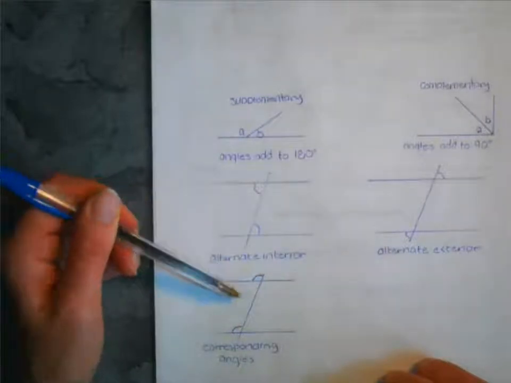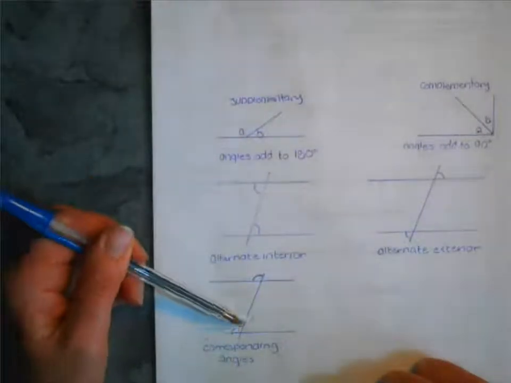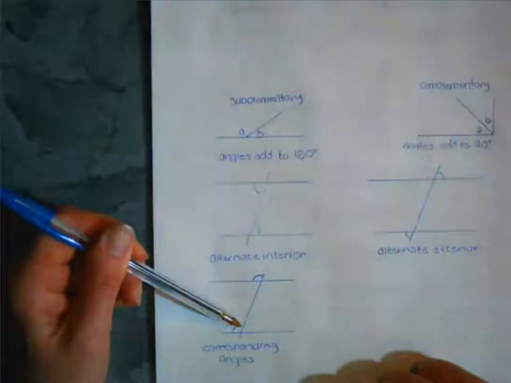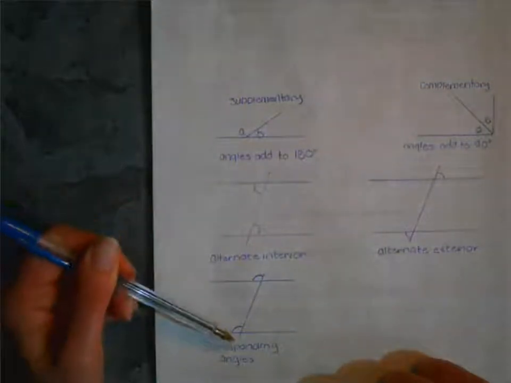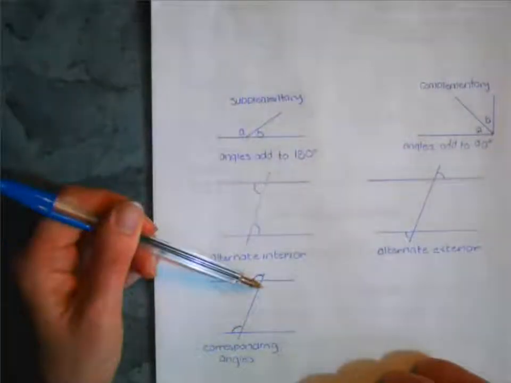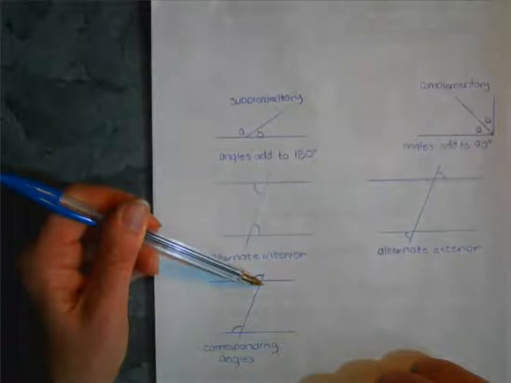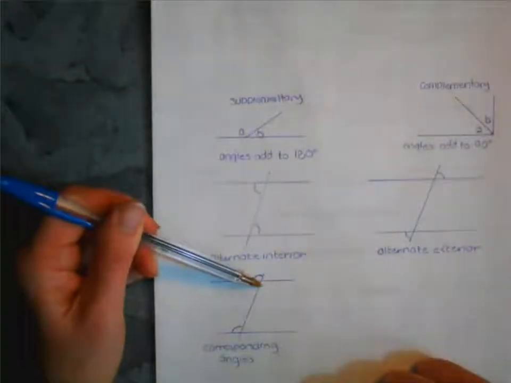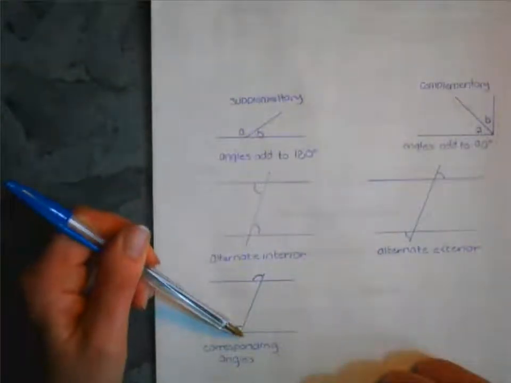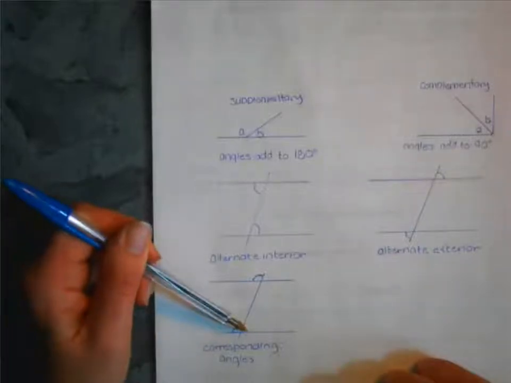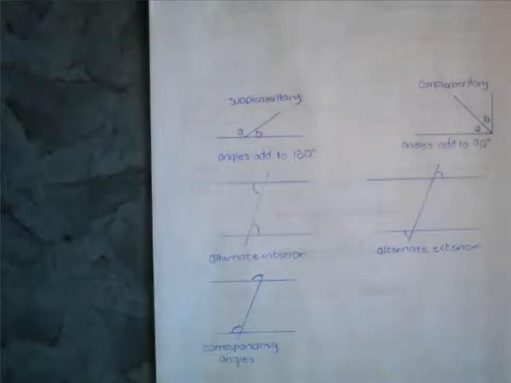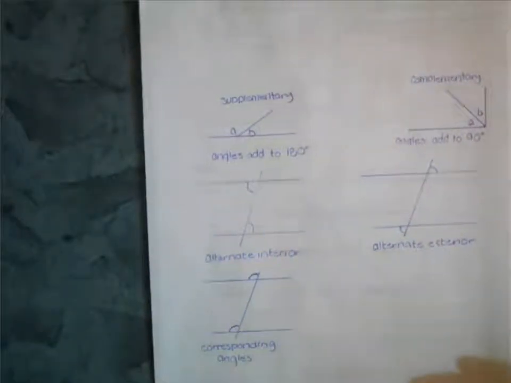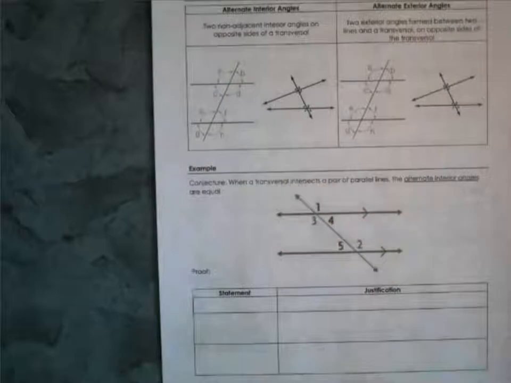The next one that would be corresponding would be this one here. If we used this as our reference angle, the corresponding angle would be here. If we used this as our reference angle, then this would be our corresponding angle. And if this was our reference angle, then that would be our corresponding angle. So lots of different options, but just a quick reminder of the justifications we looked at last time.